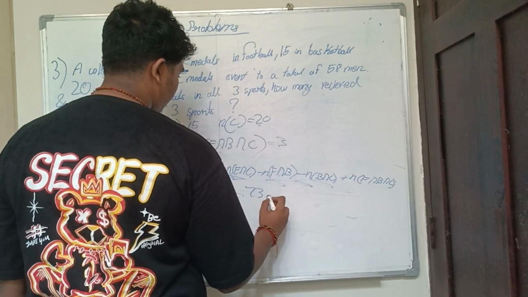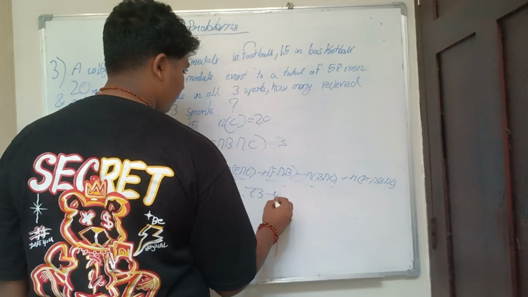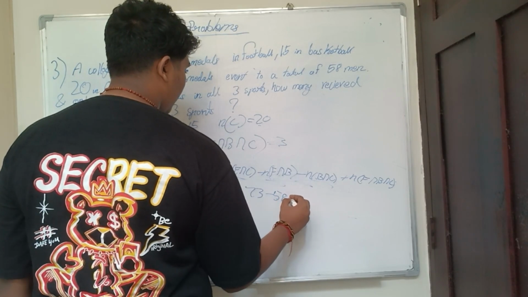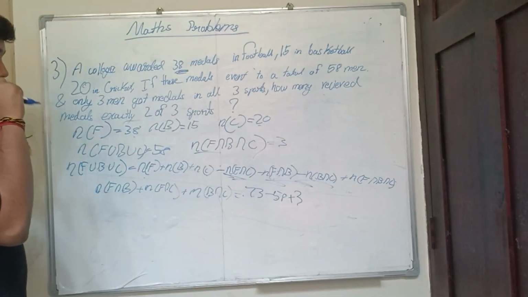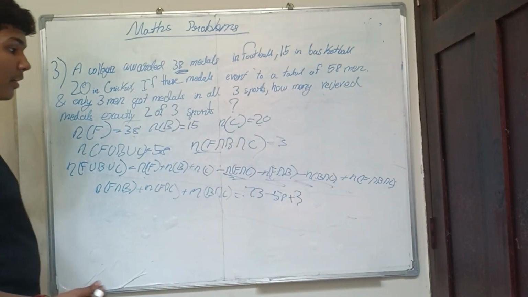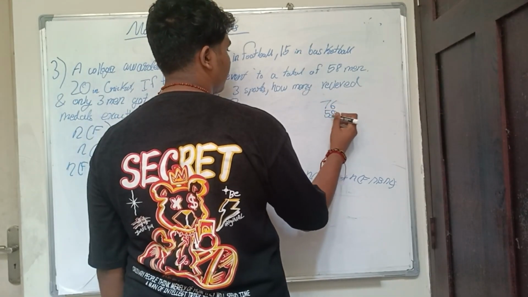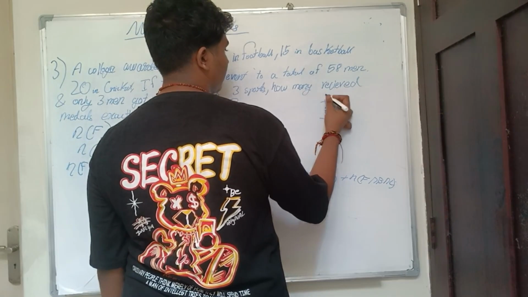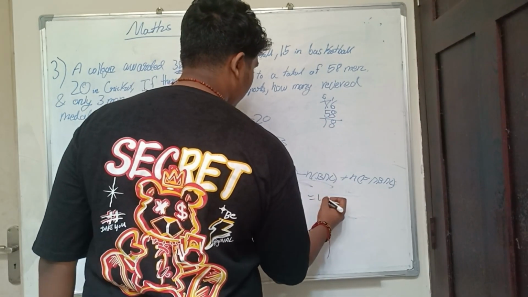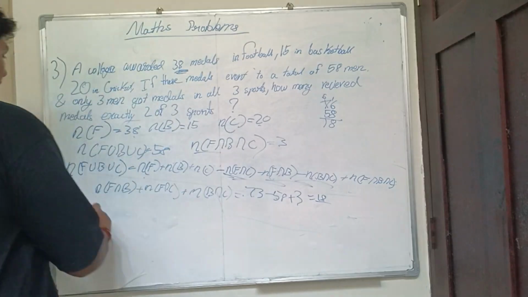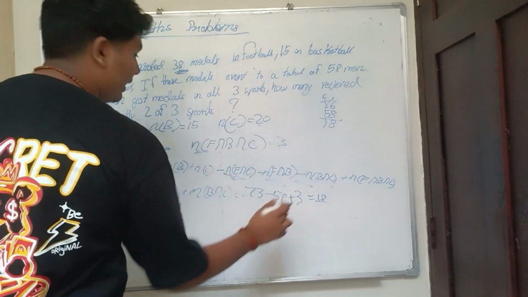So 73 minus 58 plus 3. So try to solve it, what do you get? 76 minus 58, right? You will get 18. So hence the total number for exactly 2 of 3 sports is 18.